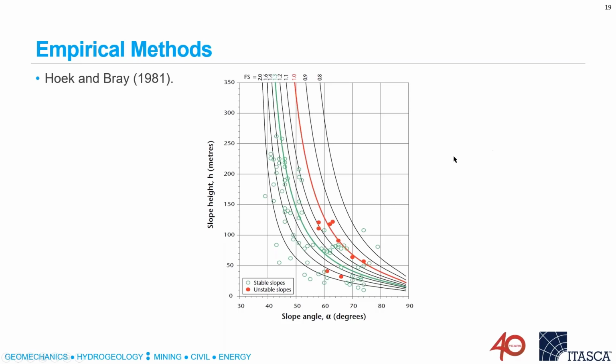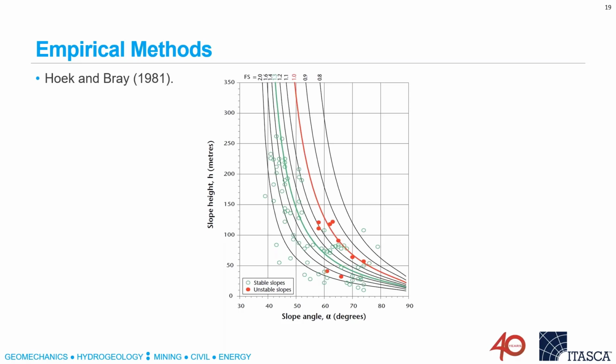So these charts typically show slopes that have failed, in this case the red dots, and stable slopes, in this case the open green dots. And then there are, in this particular case, curves fitted through the data to represent different safety factors.